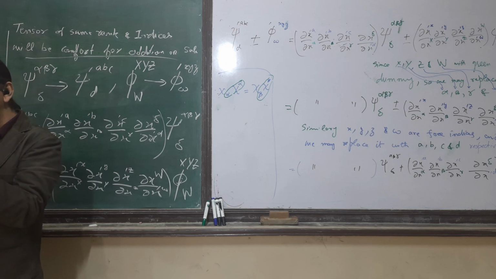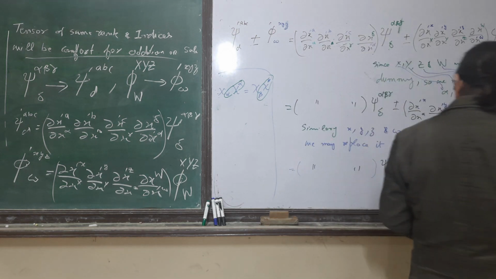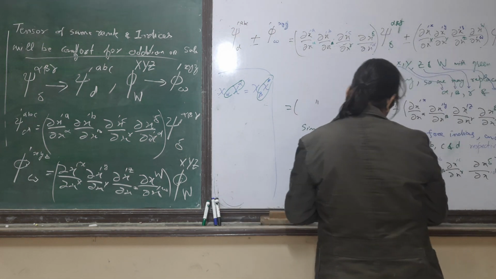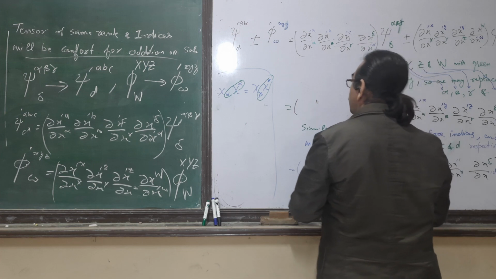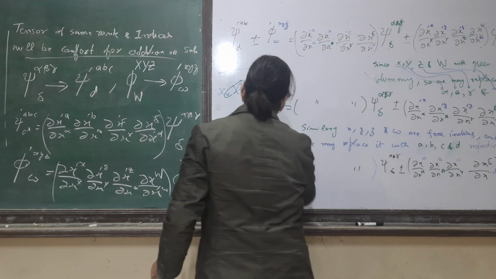It must be applied on the resultant, as there is a condition on the free indices. So free indices will be applied on both. Yes, plus minus, you are right. So it must be replaced here.